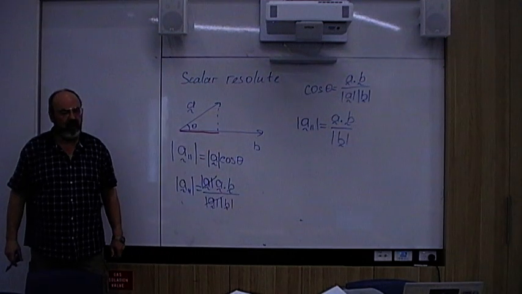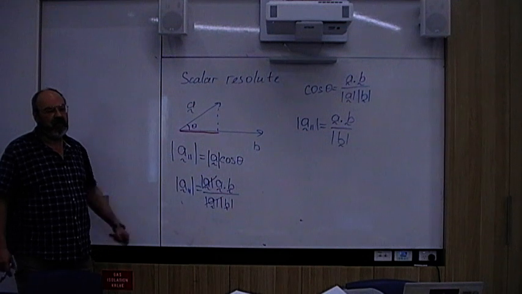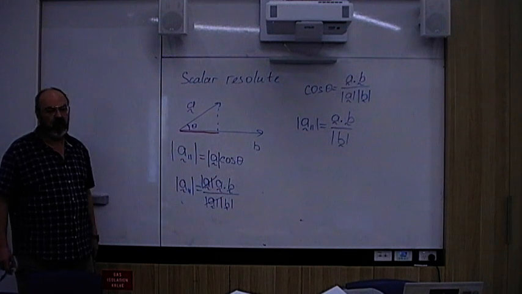How we got it? It is effectively A cos theta, but we find cos theta from the dot product.